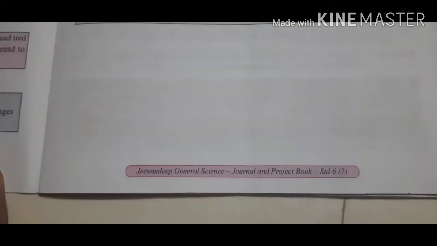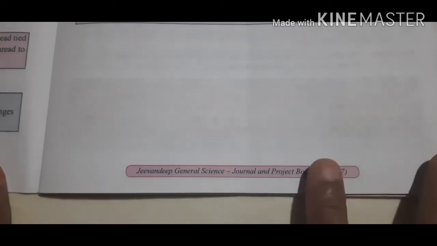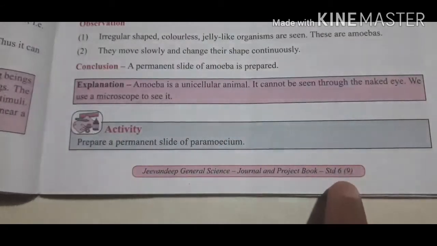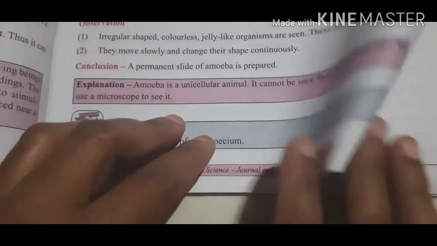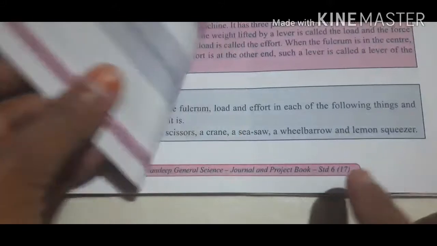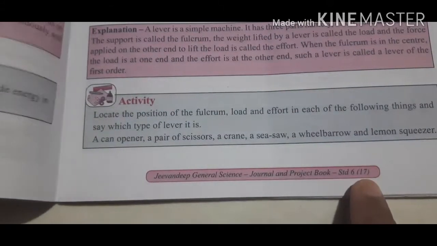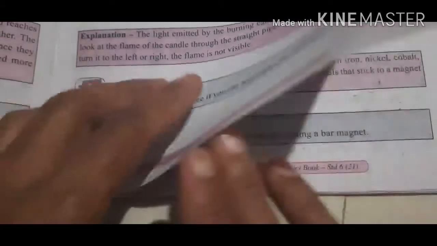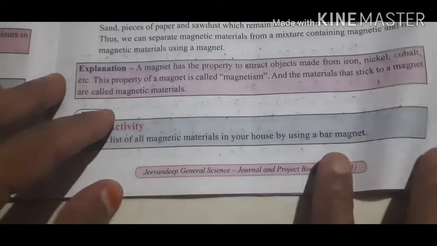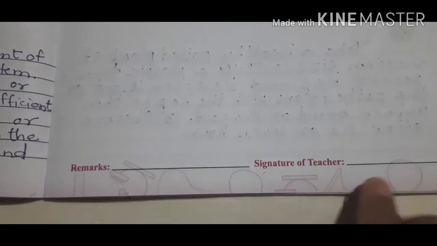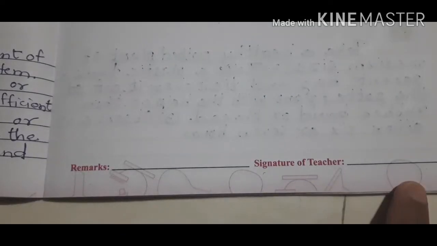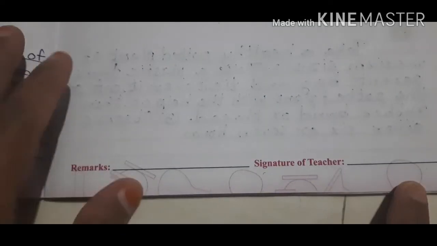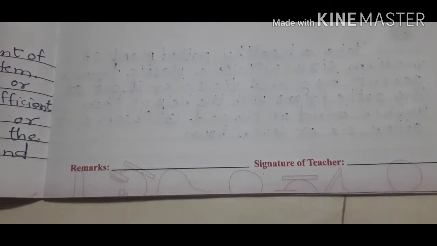Okay, students, you can see here, this is page number 7. Page number 9. Similarly, this is page number 17, 19, 21, and now there is no page number, so you have to write the page number over here.